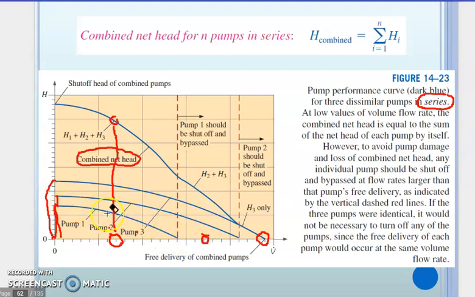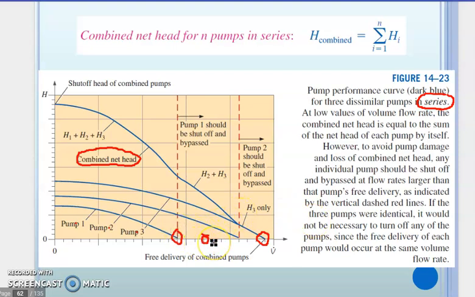Let me erase this first. So this is your operating Q, and it is larger than the highest free delivery of pump number 1, which is this position.